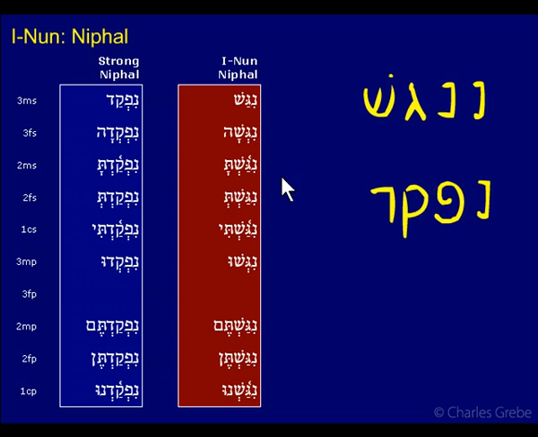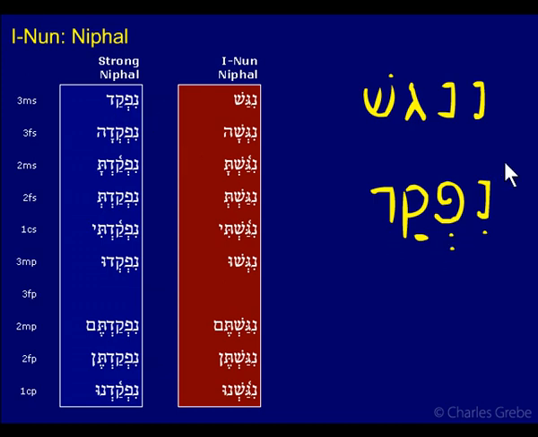In the strong verb, let's just copy it here. Our Niphal Nun is really a prefix. Just like you can have a prefix for the imperfect tense, this is now a prefix that's there because it marks the binyan. So we have this prefix here, so we have nifkad. That's the strong form for the Niphal.